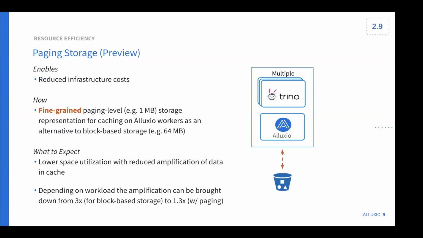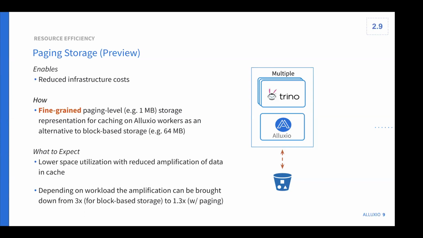Now, with this new feature, which we're calling paging storage, the granularity of caching is much smaller. What this means is that for storage that is configured on the Alluxio workers, with this feature enabled, we would be a lot more efficient in terms of the amount of storage that we need on an Alluxio worker. Based on our experience, the amplification prior to this feature can be as high as 3x.